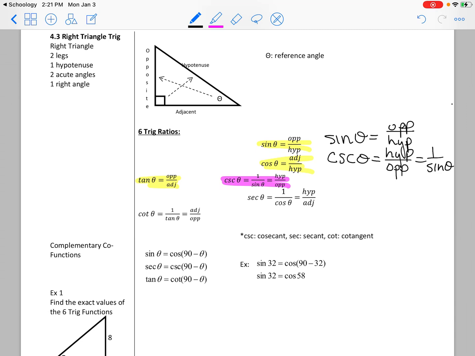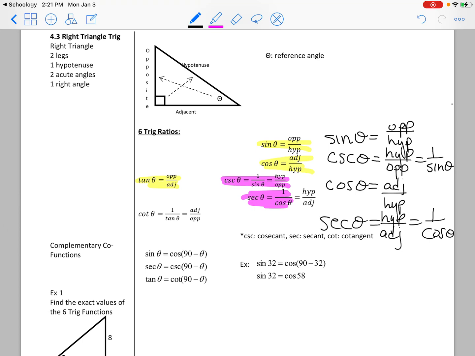Cosine, again, remember, is adjacent over hypotenuse. Its reciprocal is secant, which is hypotenuse over adjacent, or 1 over cosine.